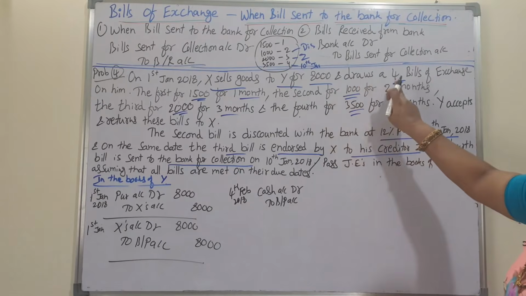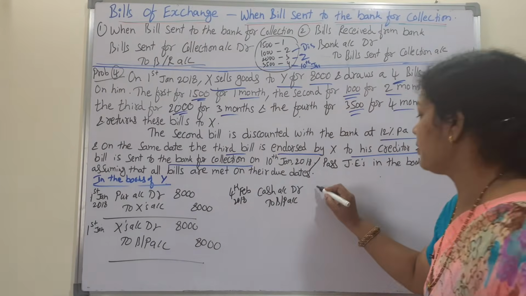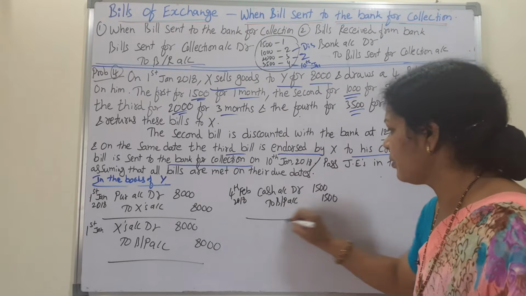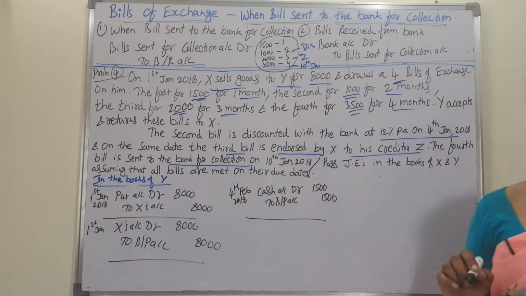First bill amount is 1500. We'll say being the bill due amount paid.